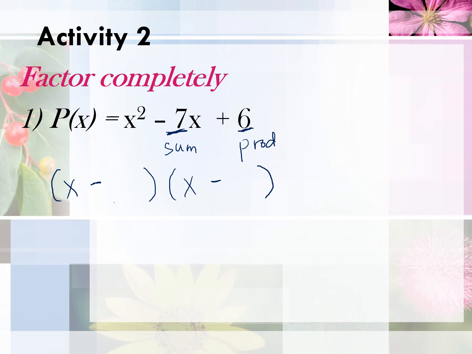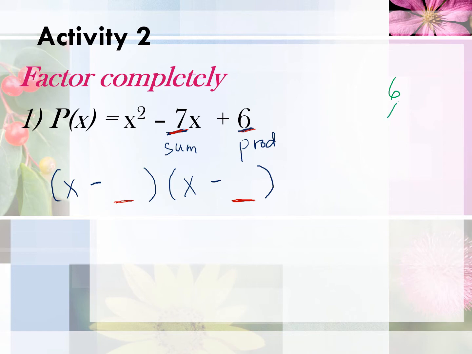Dahil kapag binultiply natin, ang magiging sagot ay positive. So, mag-iisip tayo ng dalawang number na pwede nating isubstitute dito para ang sagot kapag inadd ay negative 7, at saka pagka minultiply ay positive 6. So, ang gagawin natin, magli-list down tayo ng factor ng 6. Sabi kanina, dapat daw parehas na negative.